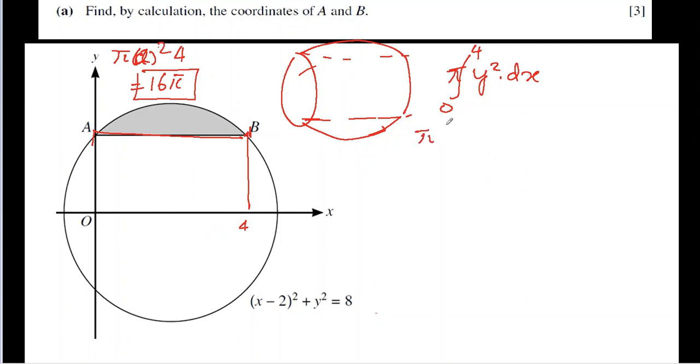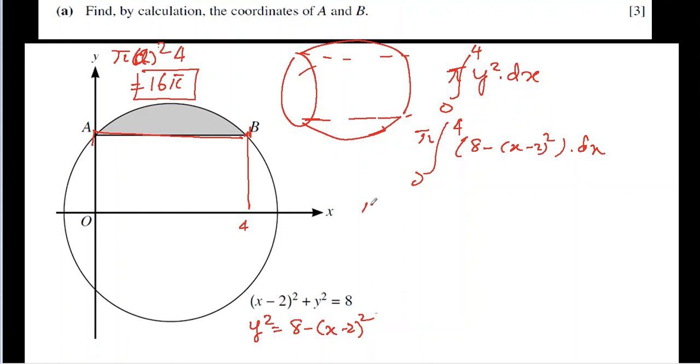So it will be π from 0 to 4 of y². We'll have to rearrange this one. y² will be 8 minus (x - 2)². So it will be 8 minus (x - 2)² dx. This volume we have to find out. So let's integrate this. π, keep it out.